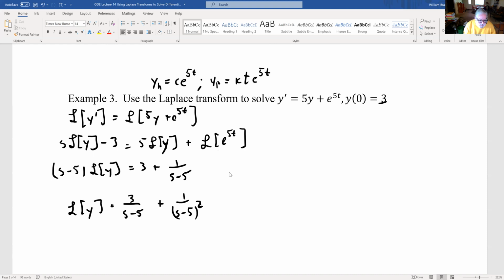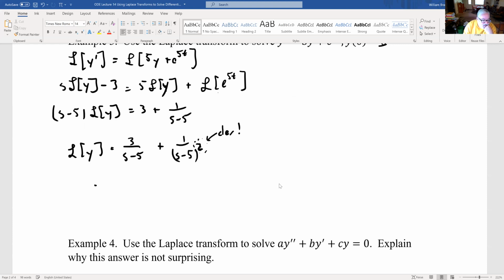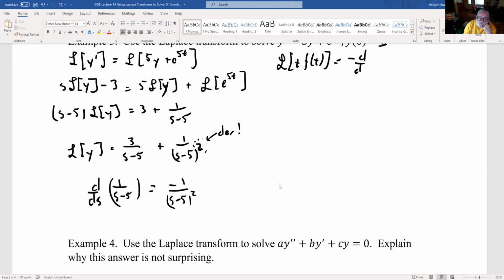And note that the squared here, when you see that, you should think derivative, right? What's the derivative of 1 over s minus 5? Well, that's minus 1 over s minus 5 quantity squared. And remember that the Laplace transform of t f of t is minus d by ds of F of s.